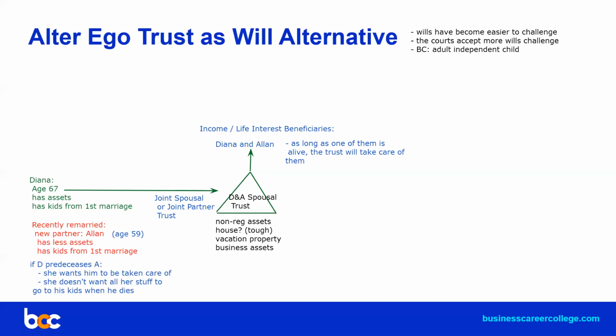But who is Diana settling this trust for? Who's the beneficiary of this trust? Okay, her and Alan, right? Are the kids beneficiaries right now? They're not. It's only her and Alan, right?